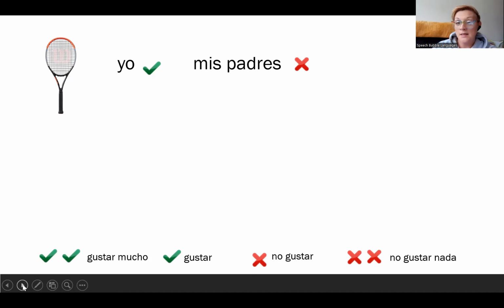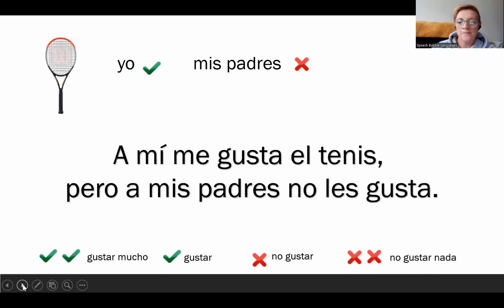I like tennis, but my parents don't like tennis, yeah? So let's take a little look at the sort of sentence I'm looking for you to form. A mí me gusta el tenis, pero a mis padres no les gusta. Okay, follow that pattern.